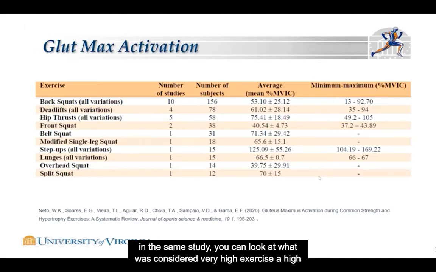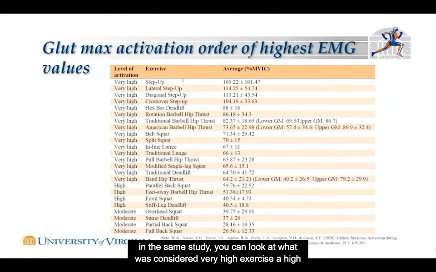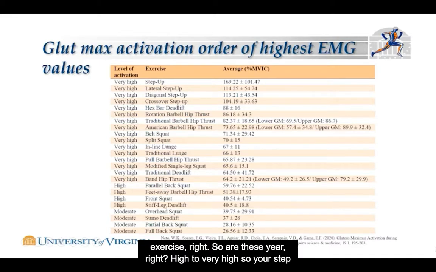And then also in the same study, you can look at what was considered a very high exercise, a high exercise. So all of these here, high to very high. So your step-ups, XSPI deadlift, rotation barbell hip thrust, traditional barbell hip thrust, American barbell hip thrust, belt squat, split squat, inline lunge.